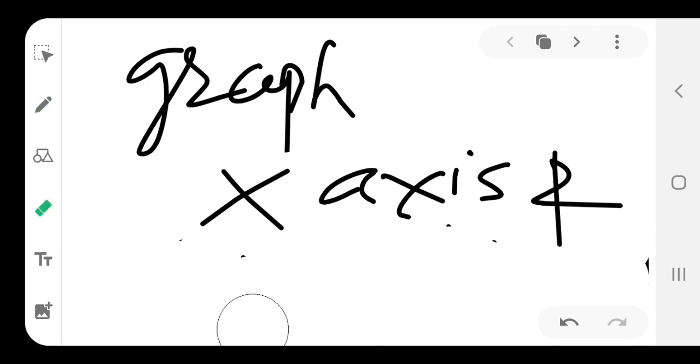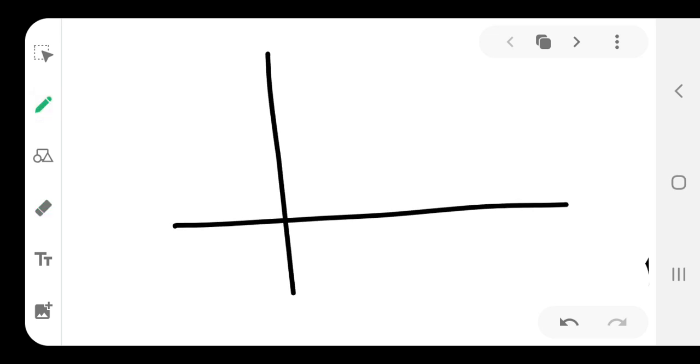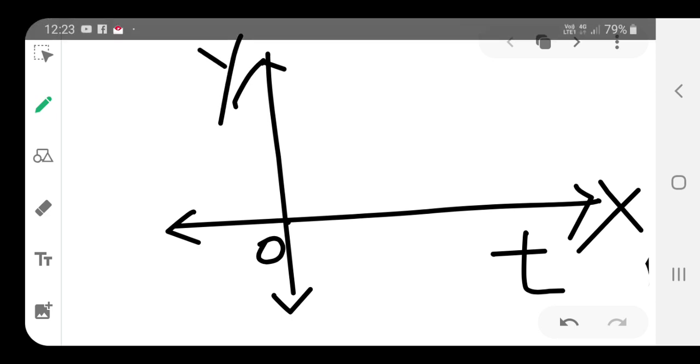So, after knowing all these terms, we should know what it means. One axis, two axis, give it an arrow on the sides. This is referred to as the point of origin, and generally we always put time on the x axis, and the other variables, whether it is speed, distance, displacement, velocity or acceleration, on the y axis, okay.